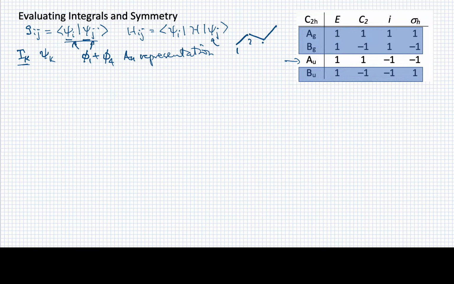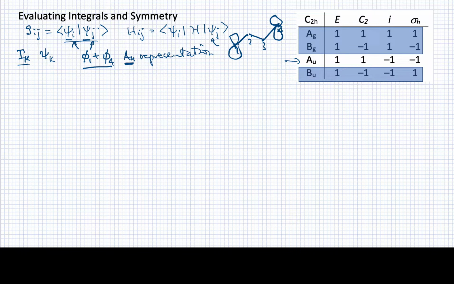Again, we're labeling the four atoms 1 through 4. So 1 and 4 are at the two ends, and 2 and 3 are the two in the middle. So phi 1 plus phi 4 would be the pz orbital on carbon 1 and the pz orbital on carbon 4. And when I add them together, I end up with a symmetry-adapted function that has something to do with the Au symmetry.